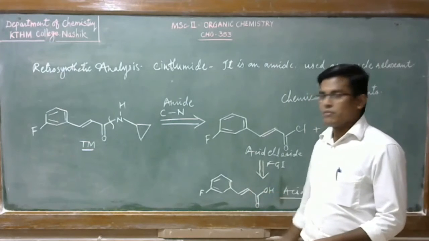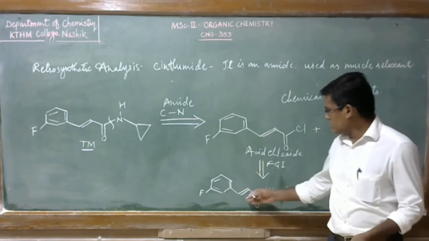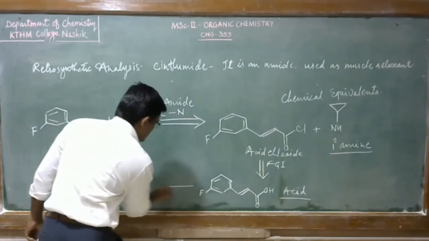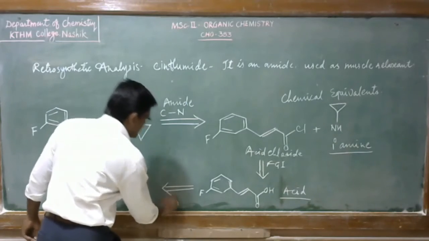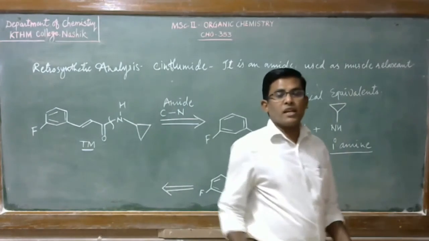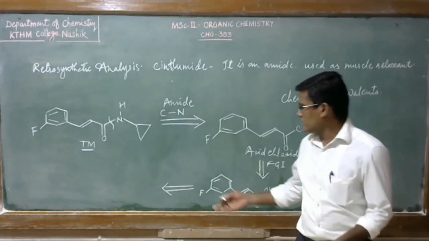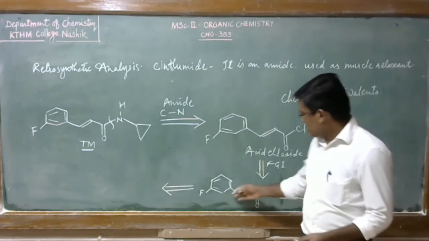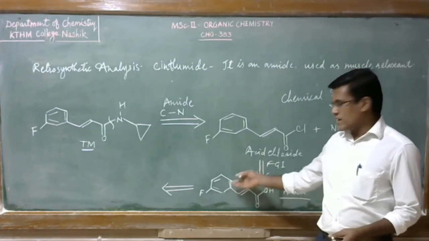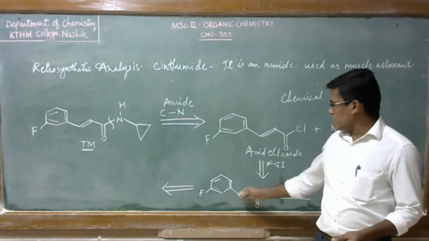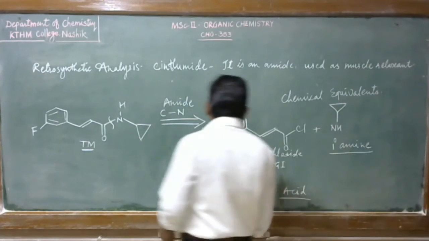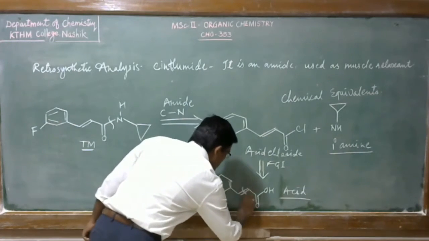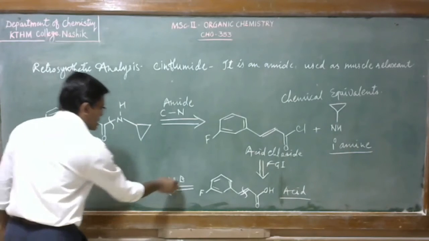Now we have this alpha beta unsaturated carbonyl compound, and we have already seen the shorthand expression which can be used for aldol condensation followed by dehydration. Here it is the aldol condensation followed by dehydration product, so we can use the shorthand expression, for example, alpha beta carbon-carbon disconnection.